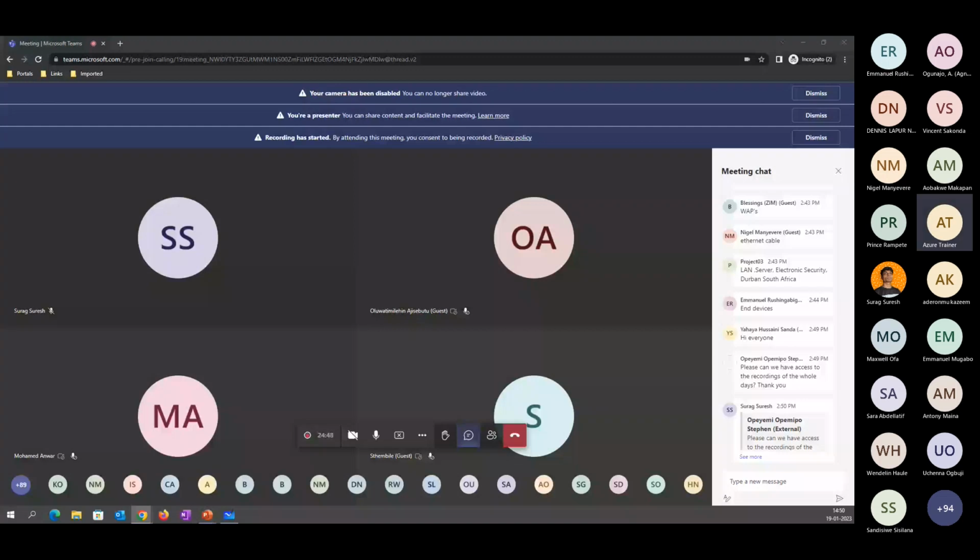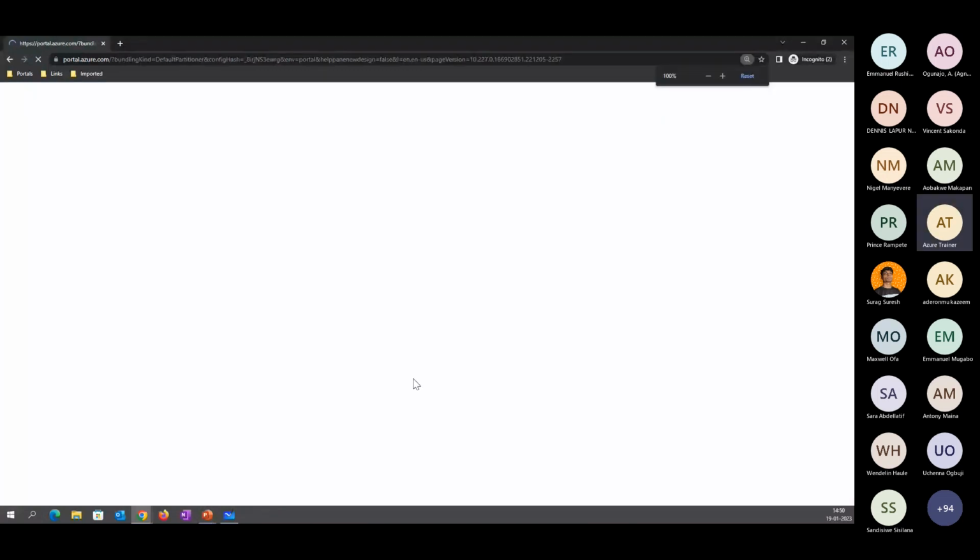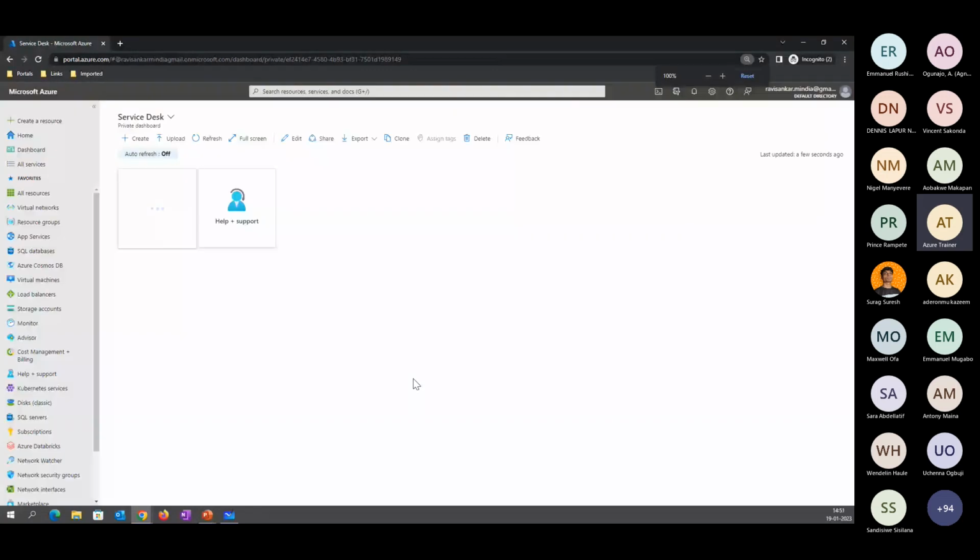Right now I've been connected to the Microsoft portal. I hope you can see the portal window loading here. You can see the cloud portal is available here.